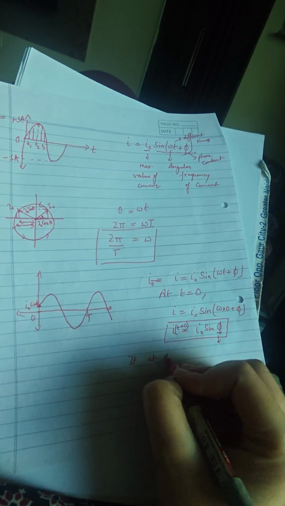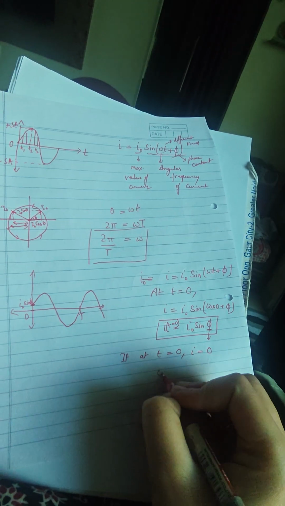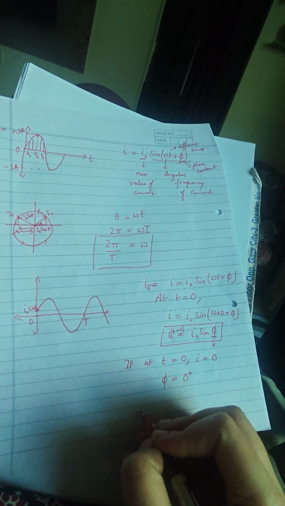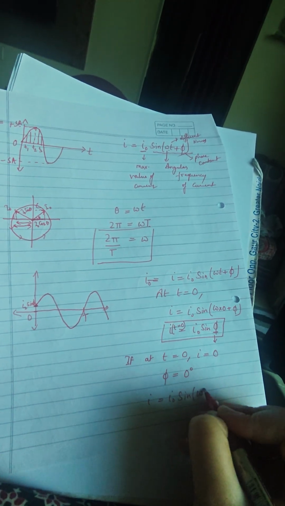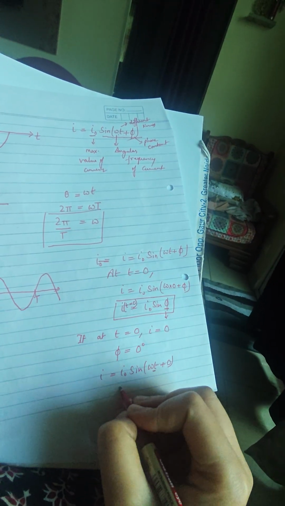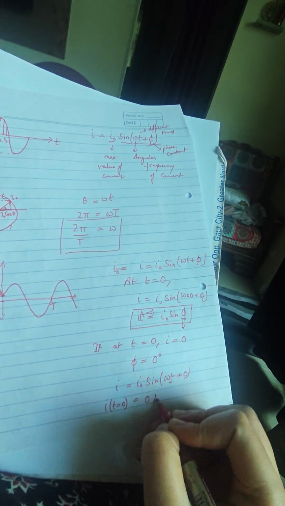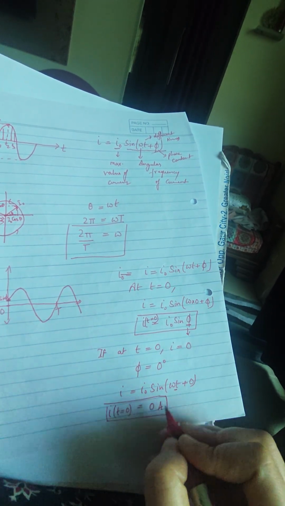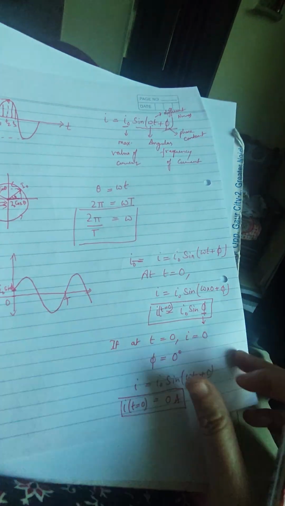If at t equal to 0, I is equal to 0, then phi has to be 0 degree. You can see that I is equal to I naught sine omega t plus 0, अगर मैं यहाँ पे t की वैल्यूज पुट करती हूँ तो I will get I at t equal to 0 as 0 ampere. Units are quite important in physics, so आपको units का ध्यान रखना है हमेशा. So this is the case.